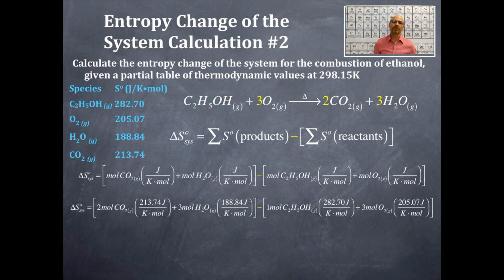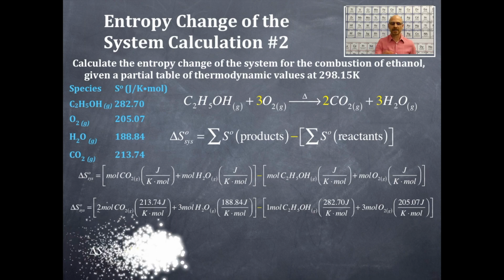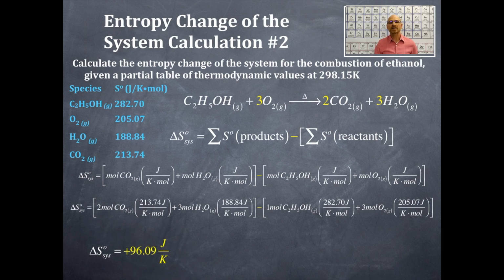Once you plug all this information into your calculator, cancel out the units of moles, sum them up, you're going to have 2 decimal places in your answer. And here's my answer.